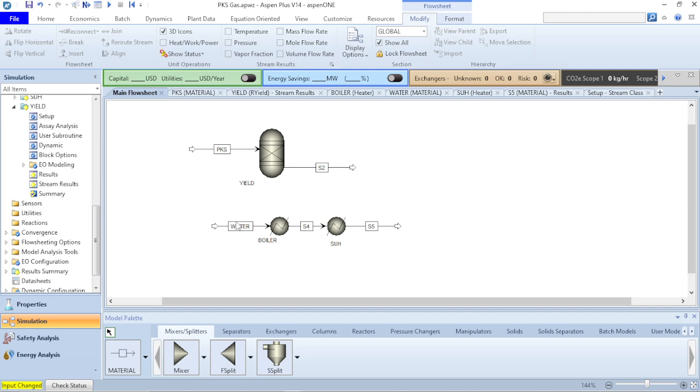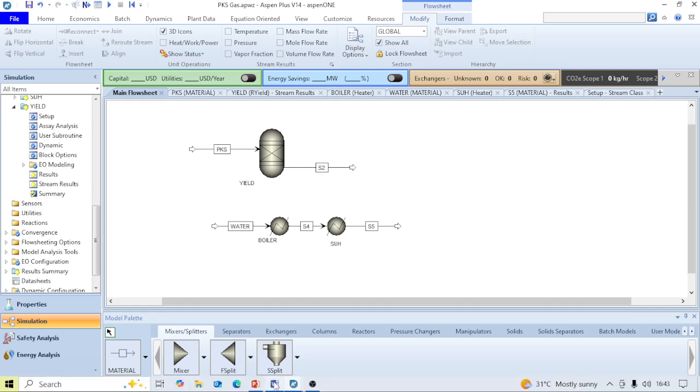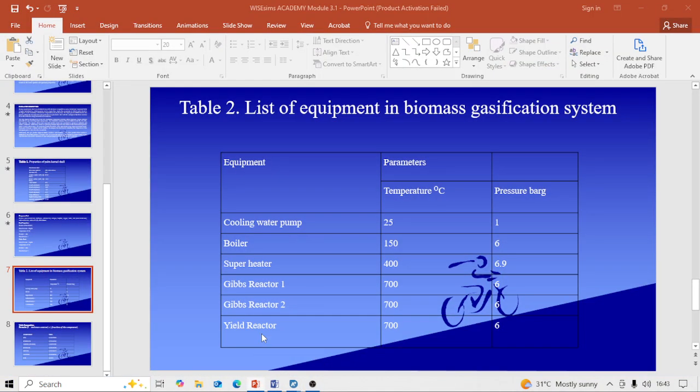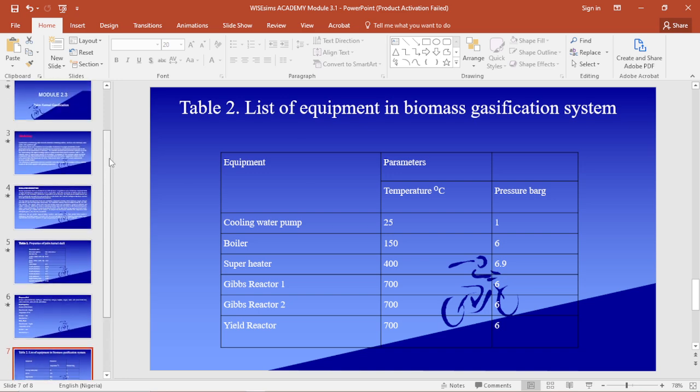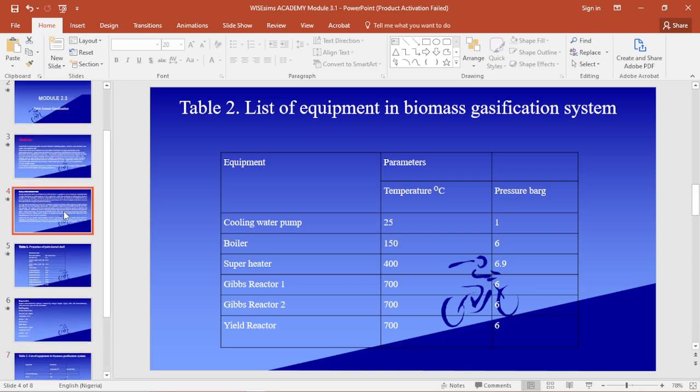For the water, we boiled it, then we did the superheating to 400 Celsius, and we are moving on. We're about to go to the RGibbs reactor and continue the process. So let's get to it.